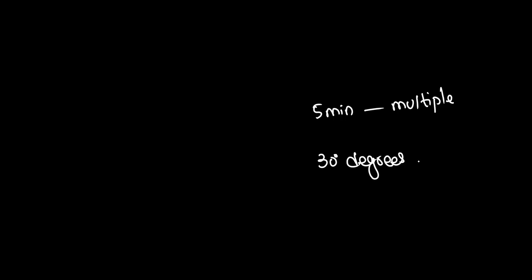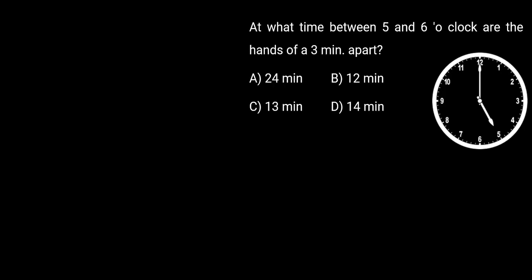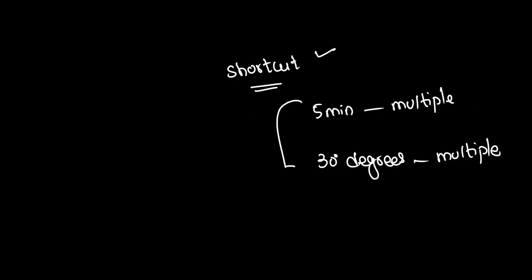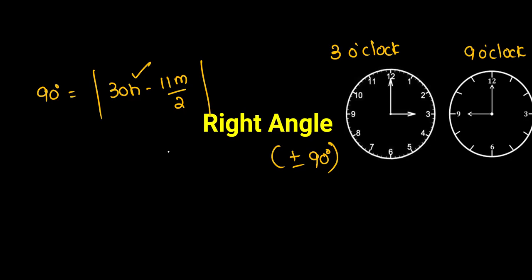In terms of angle, if the angle is a 30 degrees multiple, or in terms of minutes, a 5 minutes multiple, the shortcut is applicable. But if that is not the case, the shortcut will not be applicable. Here, what is the gap, sir? How many minutes is it? 3 minutes. Is it a 5 multiple? No, that's why it will fail. Sir, what about that? Maybe I have to tell you here also. In terms of minutes, this is plus or minus 15, sir. Do you agree with plus or minus 15? Each minute is how many degrees?